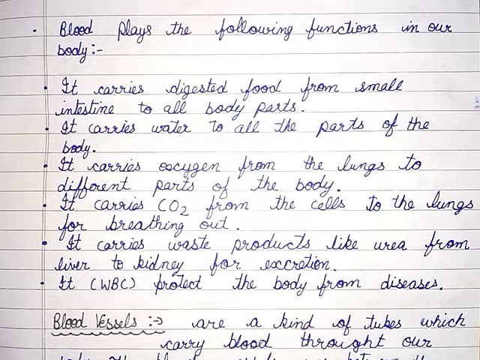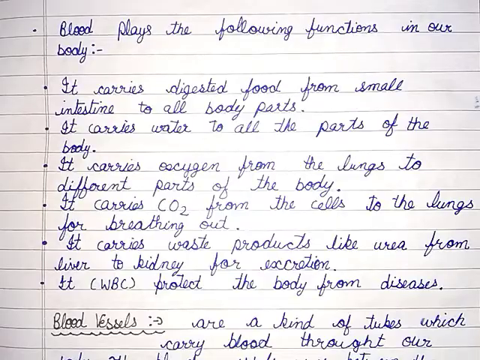It also carries carbon dioxide from the cells to the lungs for breathing out. It carries waste products like urea from the liver to the kidney for excretion. It also protects the body from diseases.